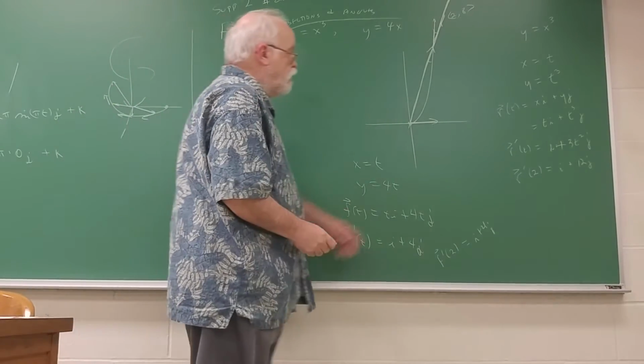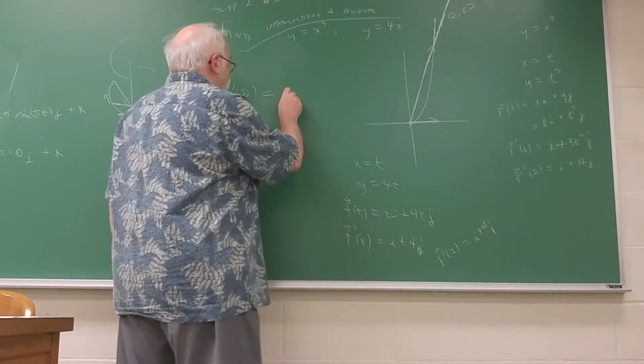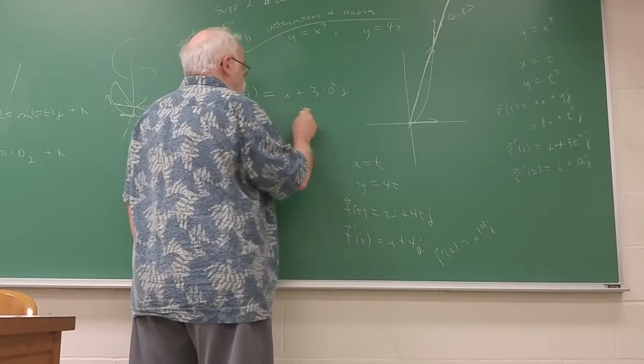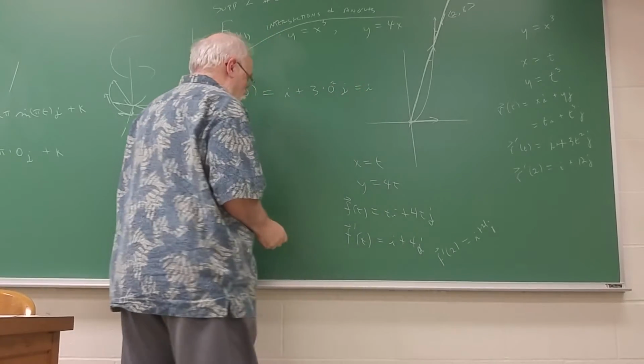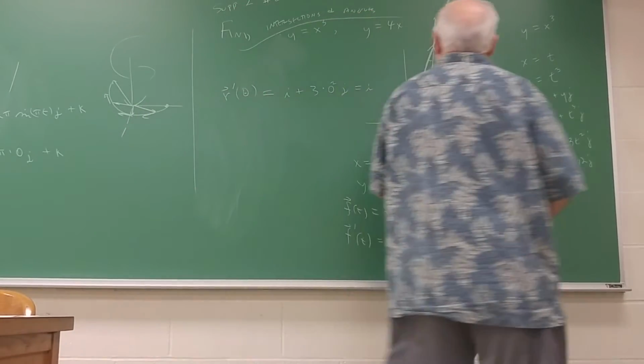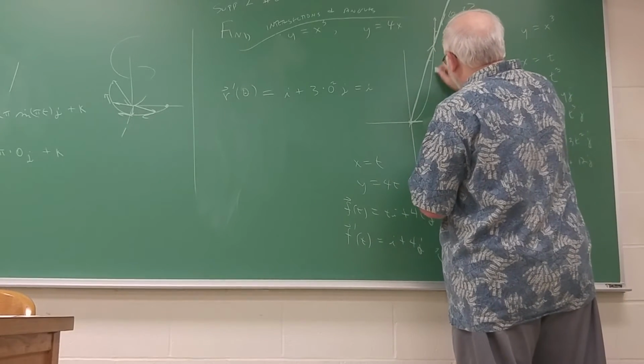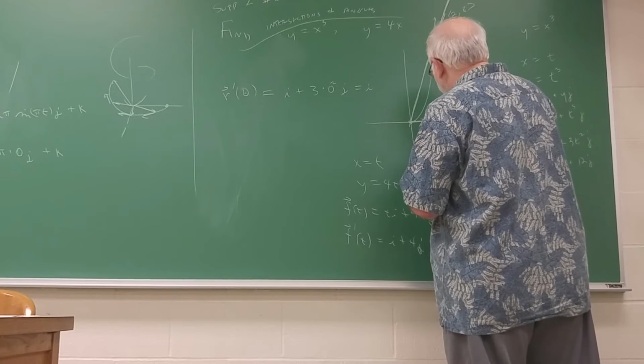And so that goes in here. I've got I plus 3 times 0 squared, j. Oh, so that's just the vector I. I drew my vector I a little bit too long. That looks more like 2I, but anyway, because this was 2 right here. So here's vector I.